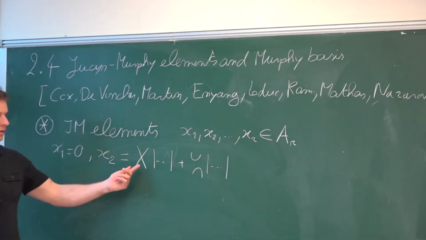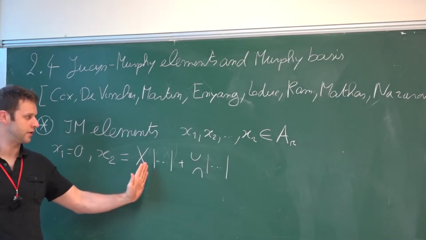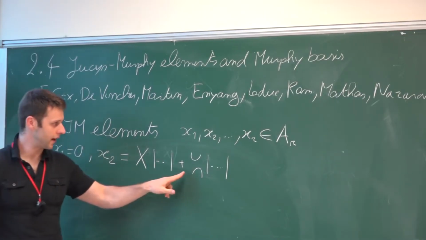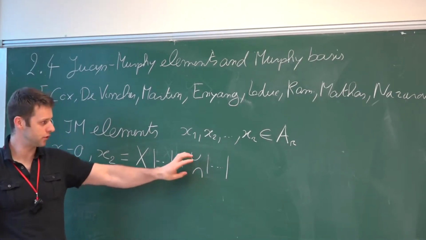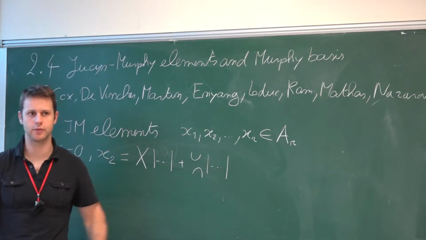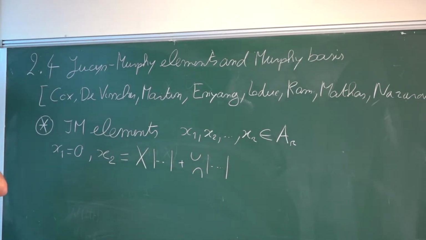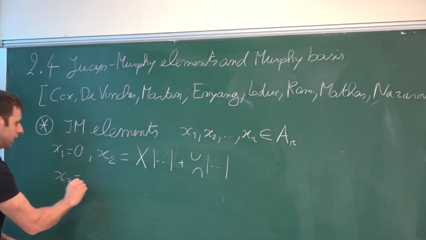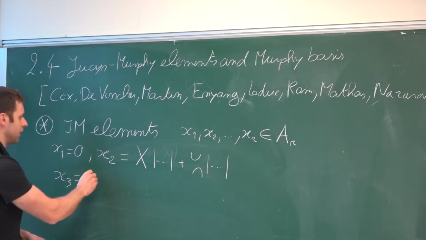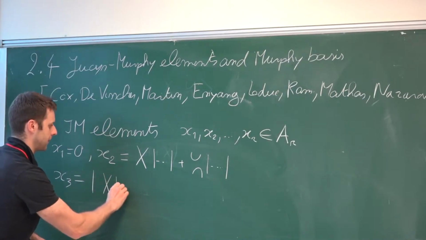Where we take a crossing in the first two dots and then just straight lines afterwards, and we add on something similar but just a cup and a cap in the first two dots and just straight lines afterwards. And then also give x3, then hopefully the pattern becomes obvious.